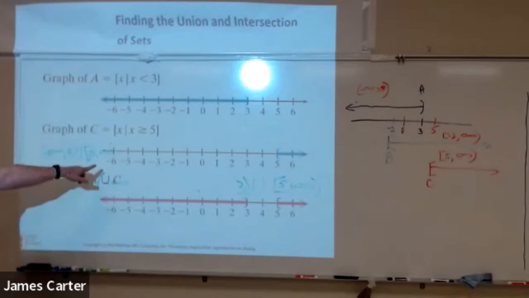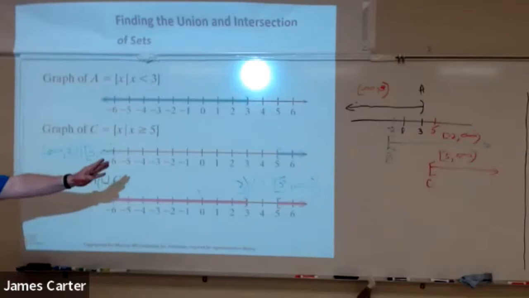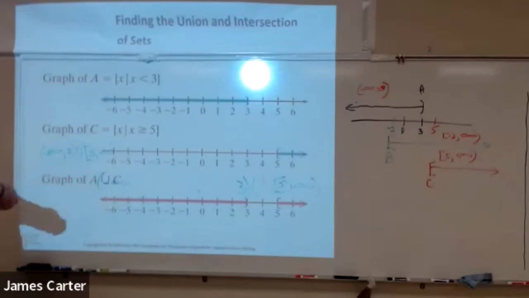That would be your interval answer for the whole thing. Okay. So negative infinity is always going to come first. You always read left to right. I think that's the answer to your question.